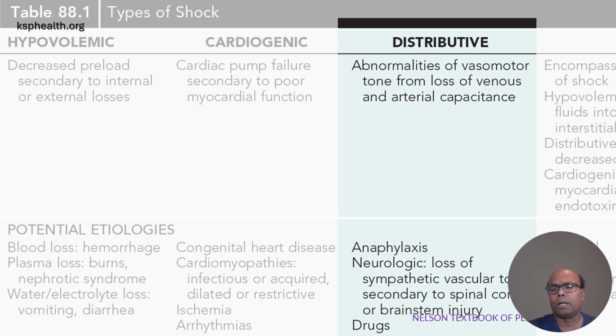In distributive shock, there is abnormality in vasomotor tone and loss of venous and arterial capacitance. You see distributive shock in anaphylaxis and neurologic disorders like spinal cord and brainstem injury, and sometimes it's caused by drugs.